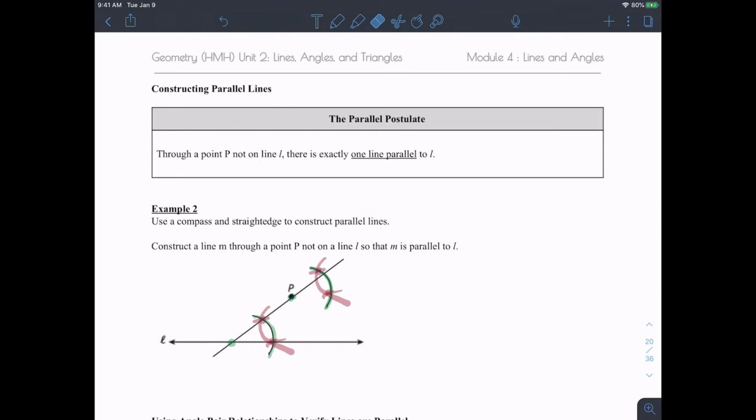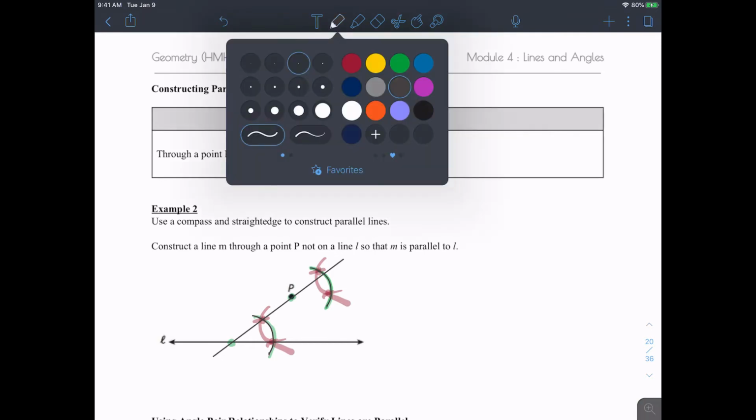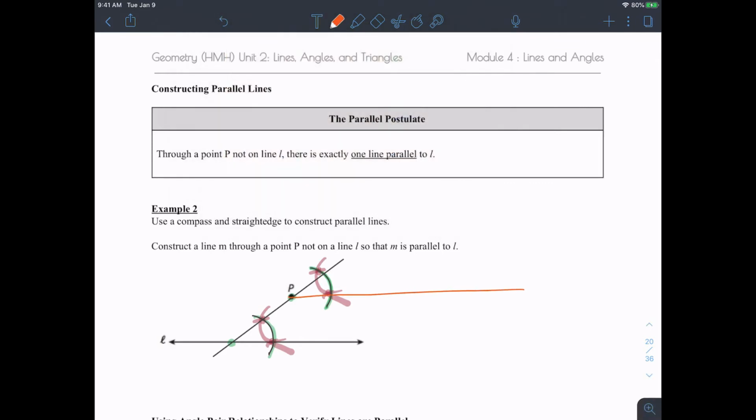Once you've done it, what I want you to do is draw the final line, from here through this way. Oopsie. You have to go through this point and this point. Well, I didn't do a good job of that, so let me change that.